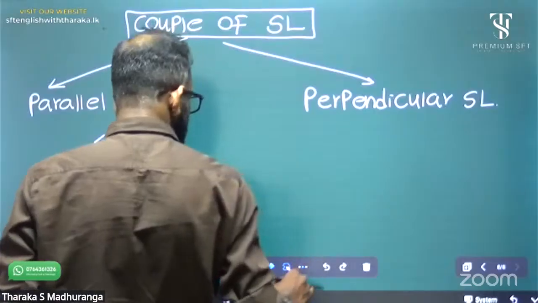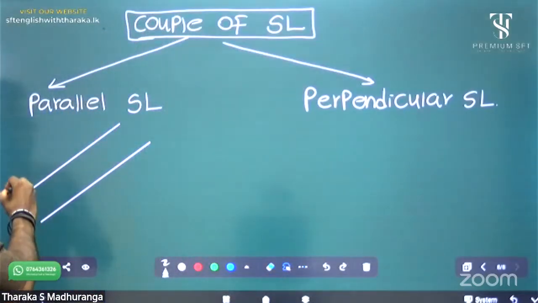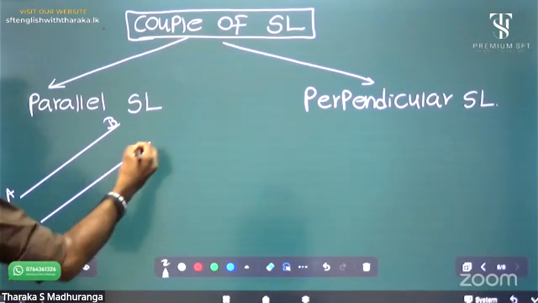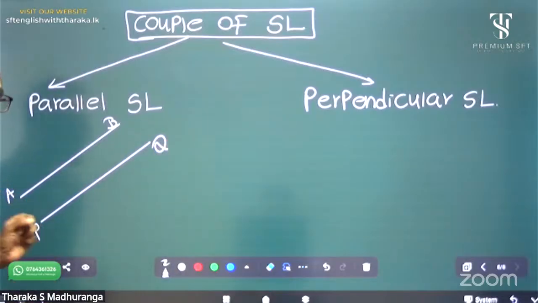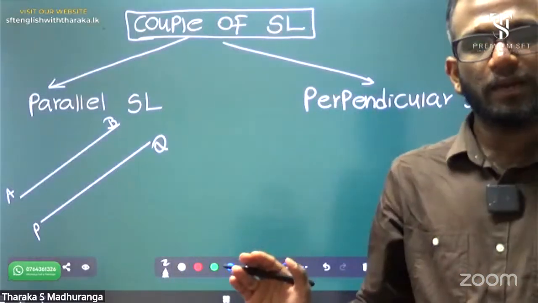Parallel straight lines. The main relationship: think AB straight line is parallel to PQ straight line. If they are parallel to each other, remember their gradients are completely equal.